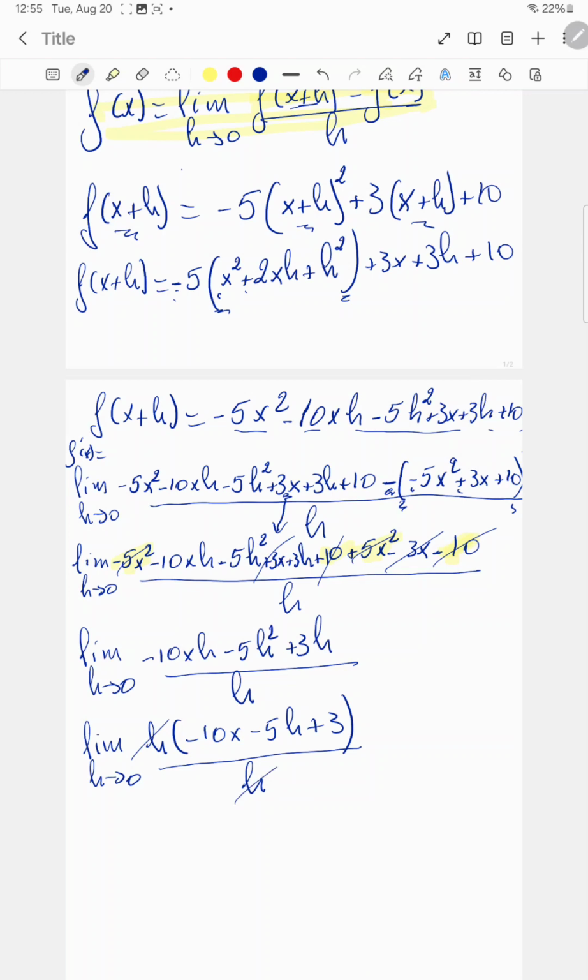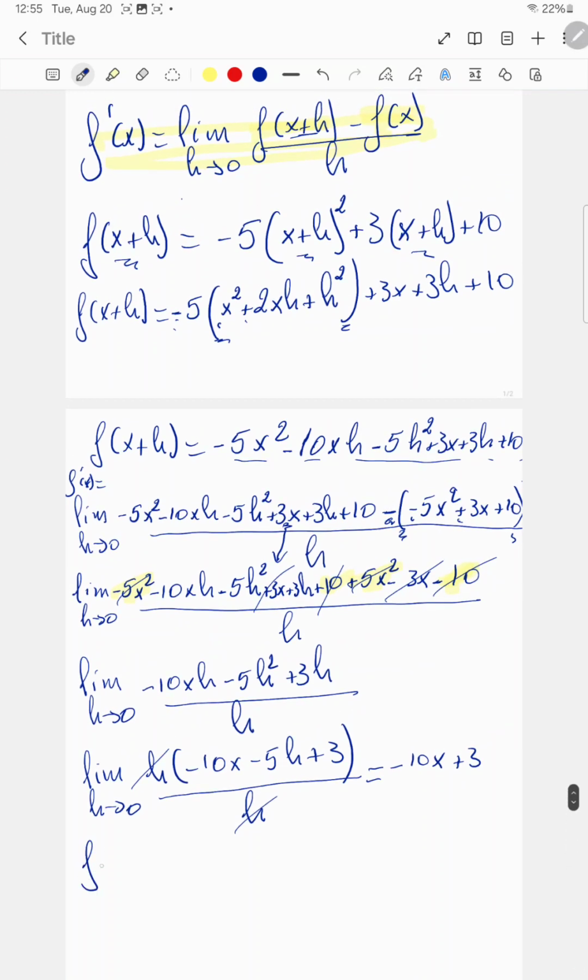And now I have to calculate when h goes to 0 of that term, minus 10x minus 5h plus 3, which is equal to minus 10x minus 5 multiplied by 0.0000001, which is almost 0, so I'm not going to write it, plus 3. So that is my derivative. So my f prime of x equals minus 10x plus 3.